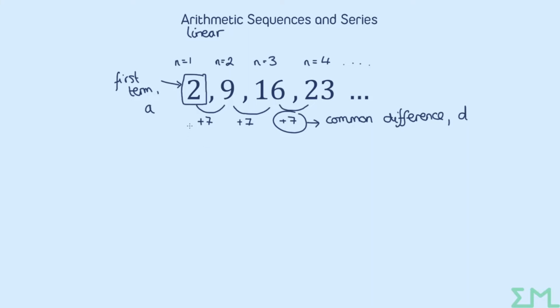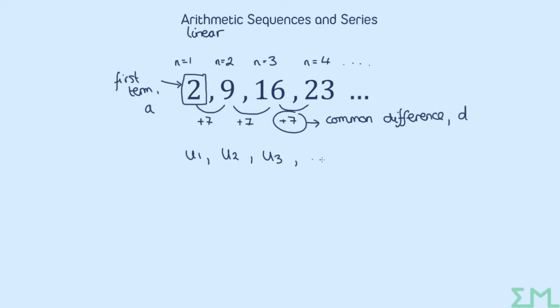Okay, so if we try to have a think about writing out these arithmetic sequences more generally, to refer to each term in the sequence, we are going to be using u. So u1 would be our first term, u2 our second, u3 our third. We're noticing here that the subscript on the u matches the position that we are in the sequence.